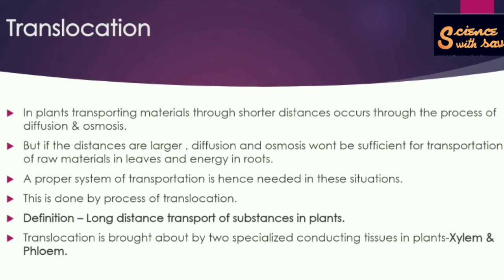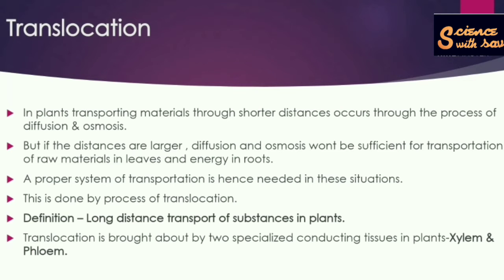With the next slide, we are going to know more about this topic. In plants, transporting materials through shorter distances occurs through the simple process of diffusion and osmosis. That is, water will enter into the roots through osmosis and the minerals will enter the roots through diffusion. But if the distances are larger, then diffusion and osmosis won't be sufficient for the transportation of raw materials in the plant.